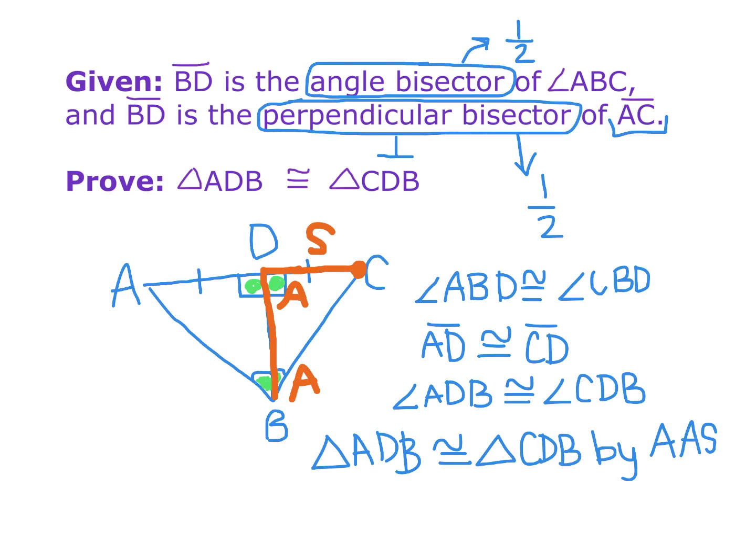So there were several other postulates you could have used. Here we have line segment DB congruent to itself because of the reflexive property, so we could have even used angle side angle.